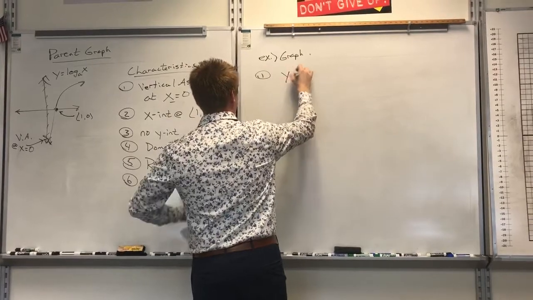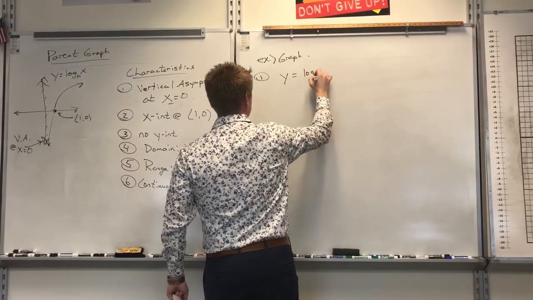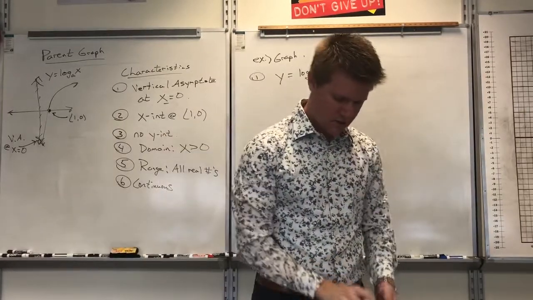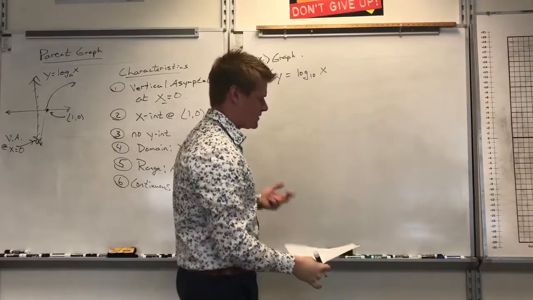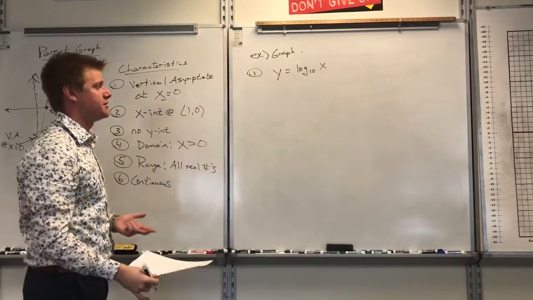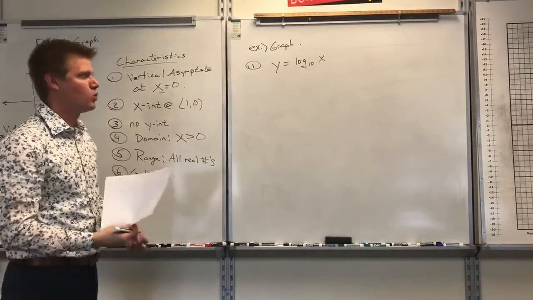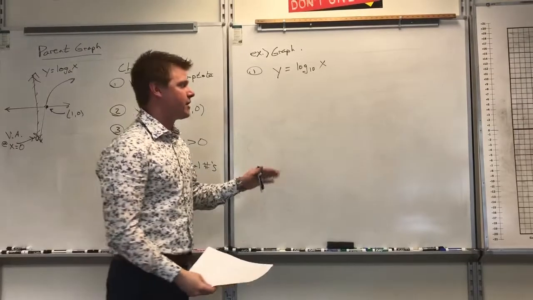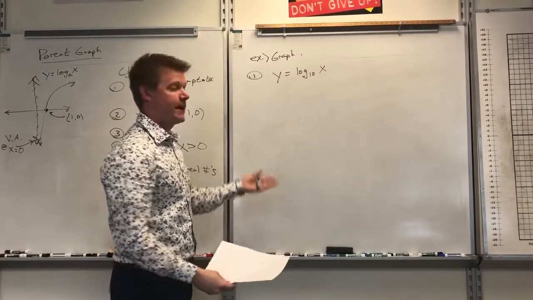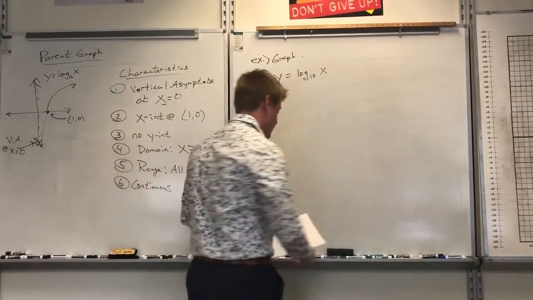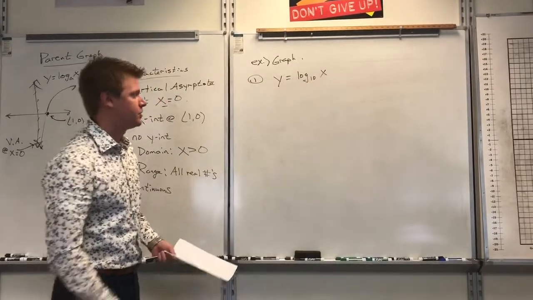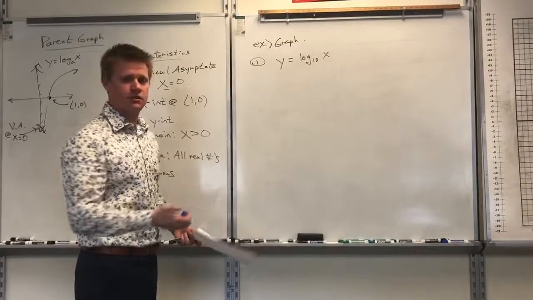Number 1, y is equal to log base 10 of x. Remember, with these, I'm not asking you to be very specific other than with where your anchor point would be. For this one, there are no translations. There's not a negative anywhere making it reflect. There is not a number added or subtracted at the end of the function or next to x that would cause it to shift in any way.